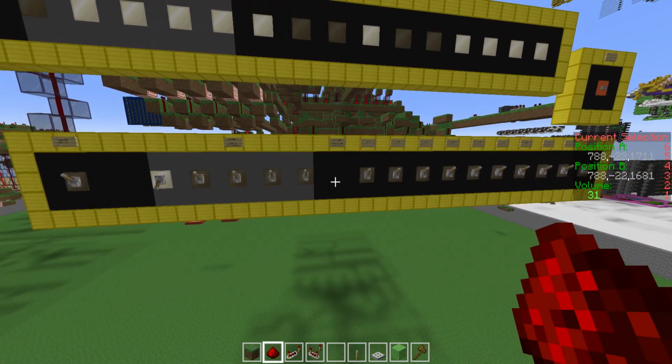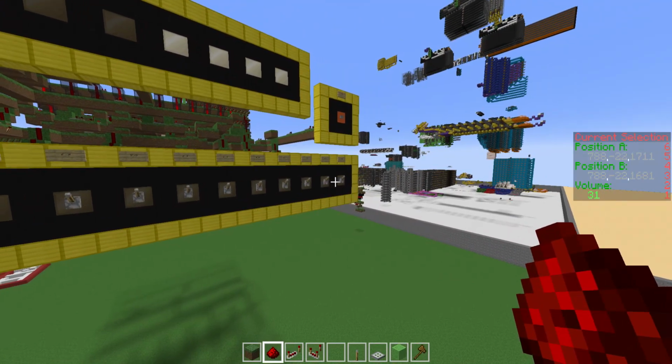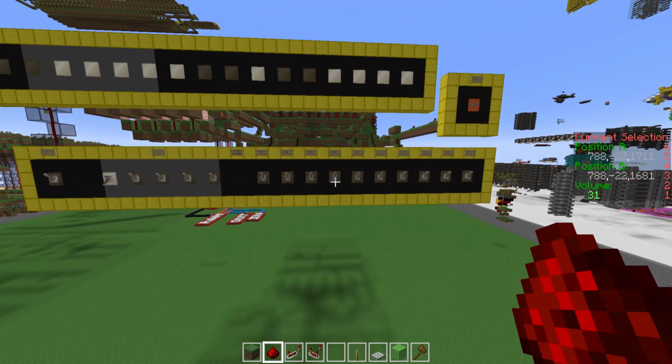Now, since this is 16-bit floating point, you only have a 10-bit mantissa, which means that it can't represent super small numbers, or at least super precise numbers.